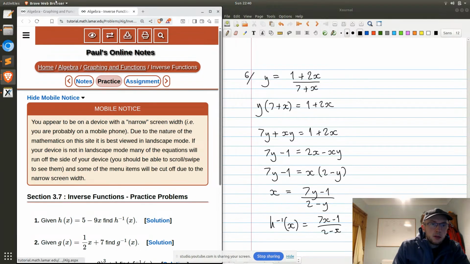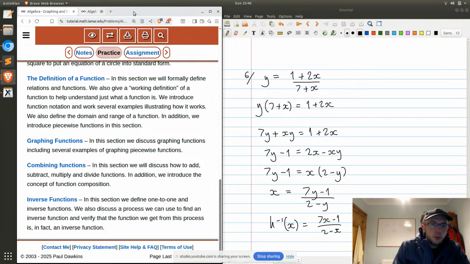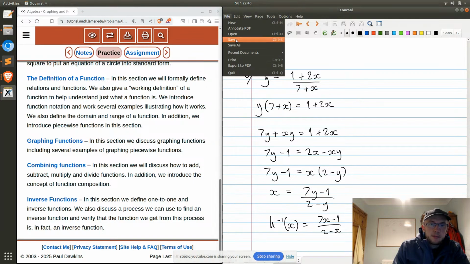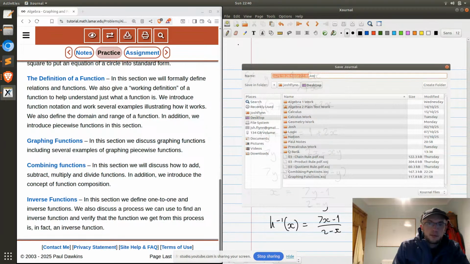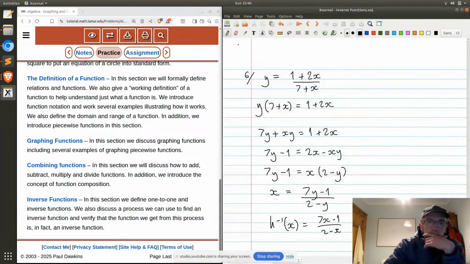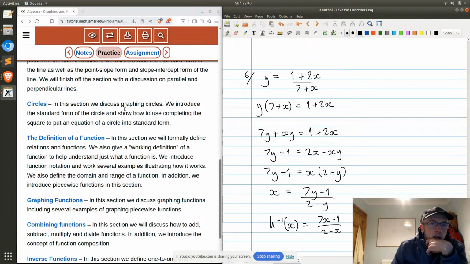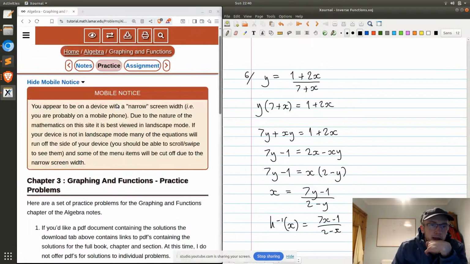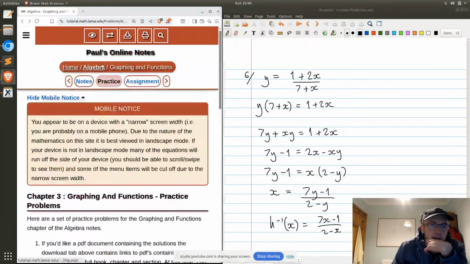Okay, now we must save this. So this is inverse functions. And who is next? Chapter 3.